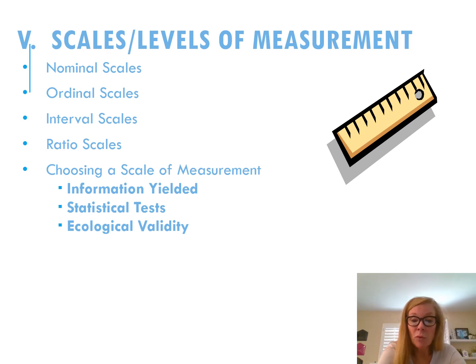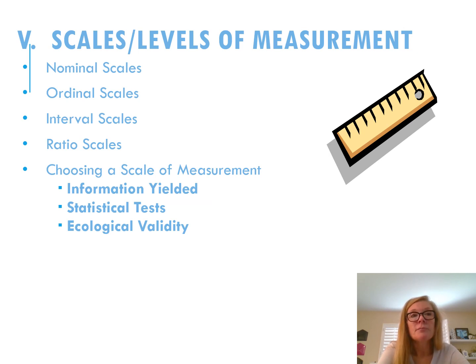Now, some variables can be changed from one scale to another. Let's say I asked you your age in years, and you told me you were 30. Well, that's a ratio measure of age. But let's say my hypothesis is that different developmental stages of adulthood result in different levels of comfort with technology.